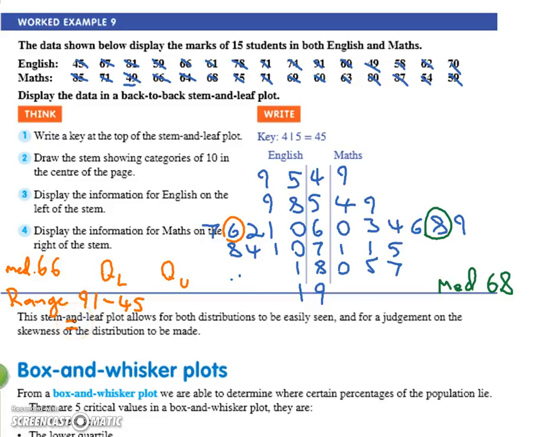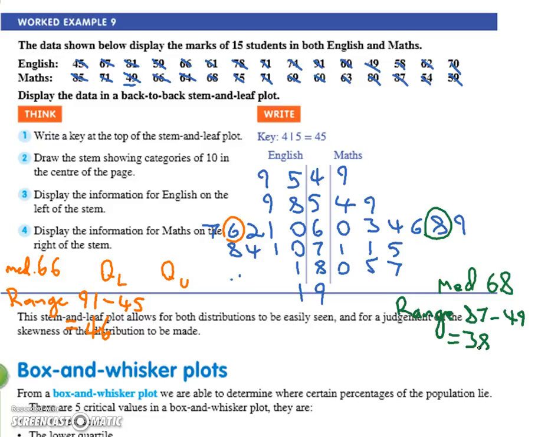So our range is what? Okay. And our range on our maths? 87 minus 49, which gives you 38. So you've now got your ranges.